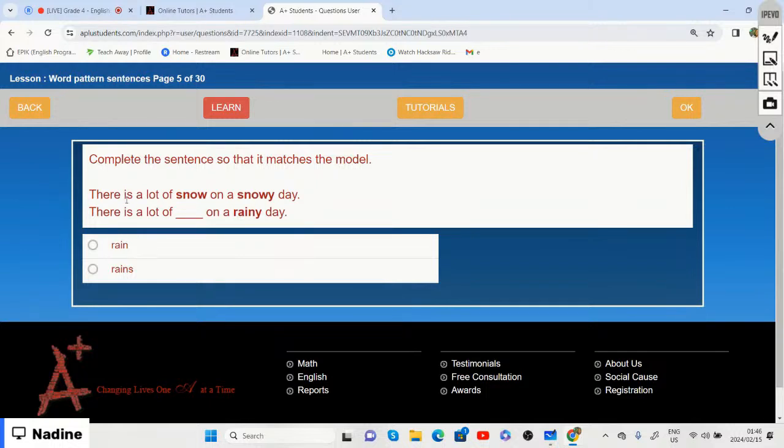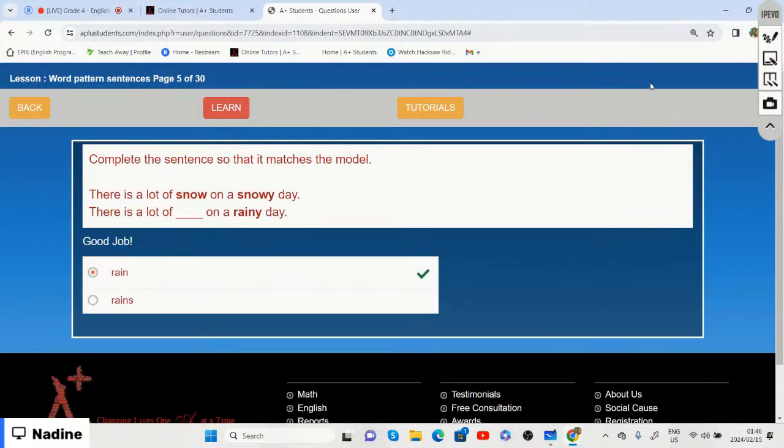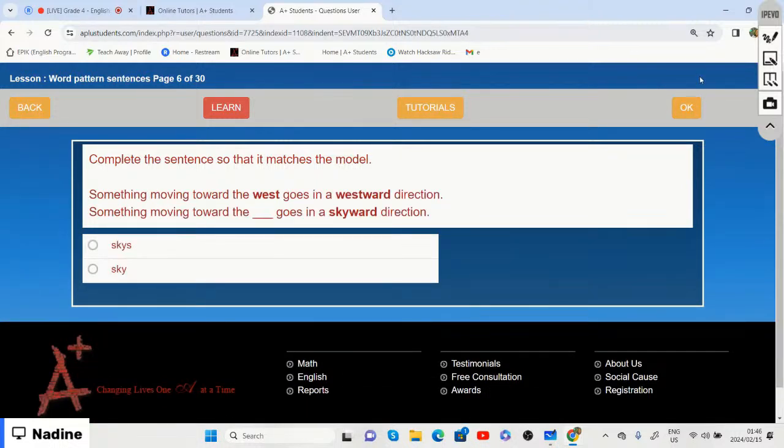So, well done. The first one is correct because there will be a lot of rain on a rainy day.